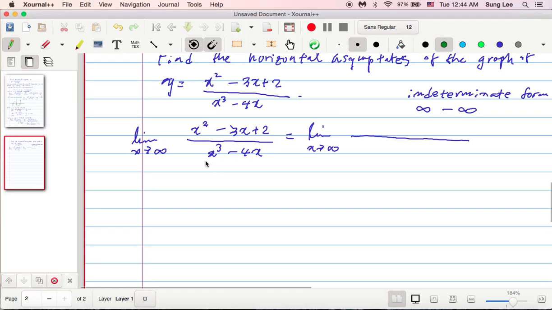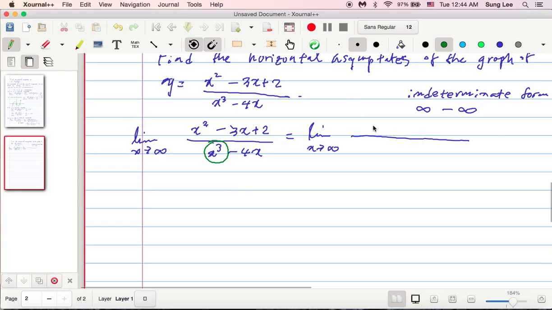So the leading term, in this case x cubed, that has x to the highest power. So divide the numerator and denominator by this x cubed.